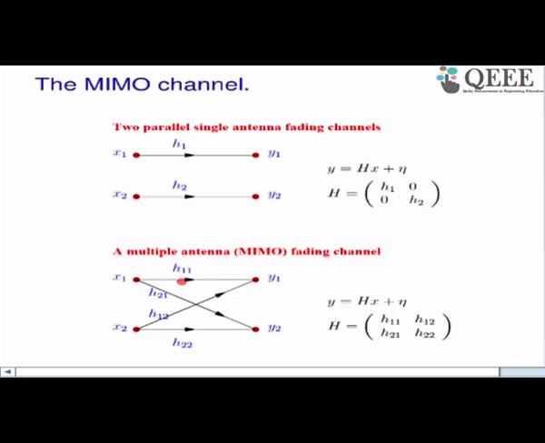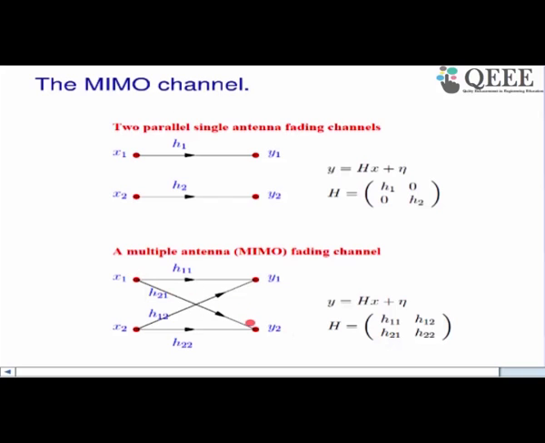Now coming to the generalized model, when you transmit X1 from antenna 1, this is going to be received at both receiver 1 and receiver 2. This is modeled by H11 and H21. H11, so you are transmitting from X1 and receiving at 1. H21, you are transmitting from antenna 1 receiving at antenna 2.